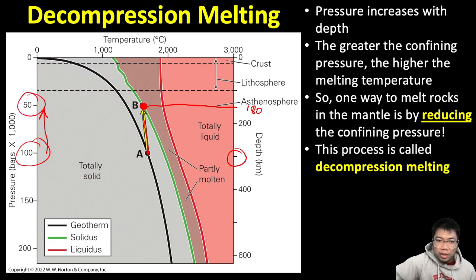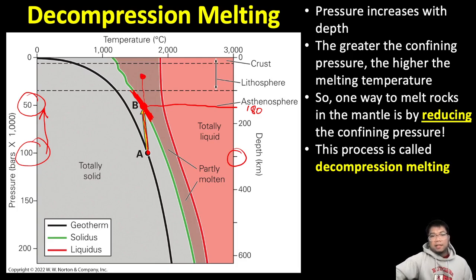Because we already hit this green line, these rocks will start to melt. If we bring the rocks even further towards the shallower part of the earth, it will just start to melt even more.